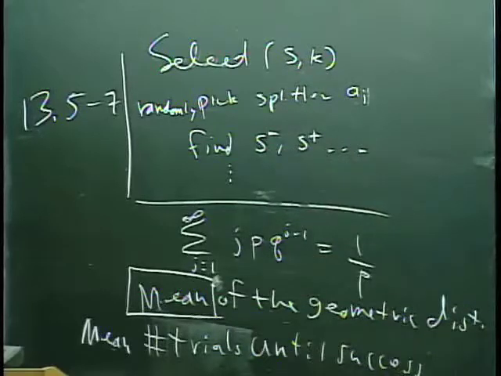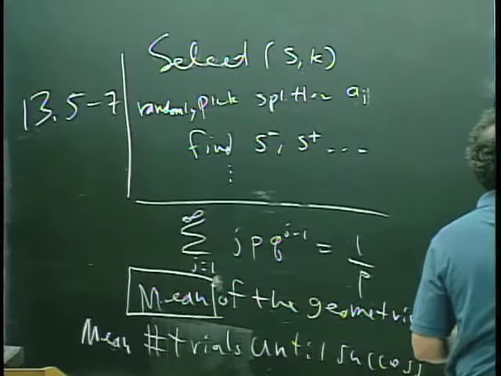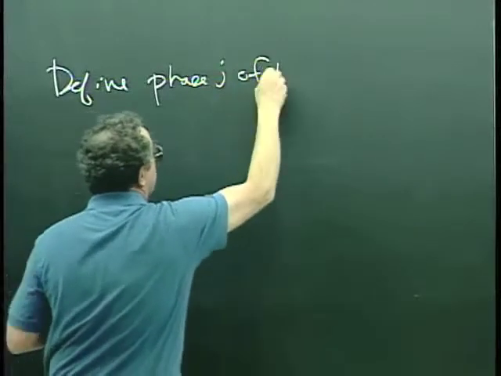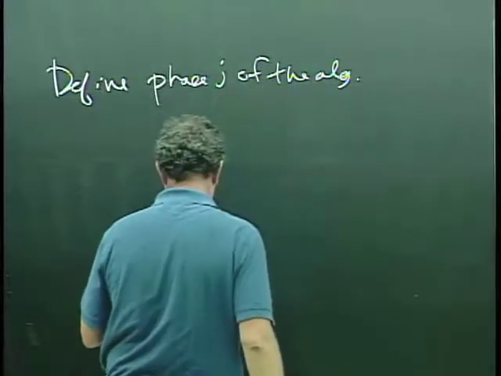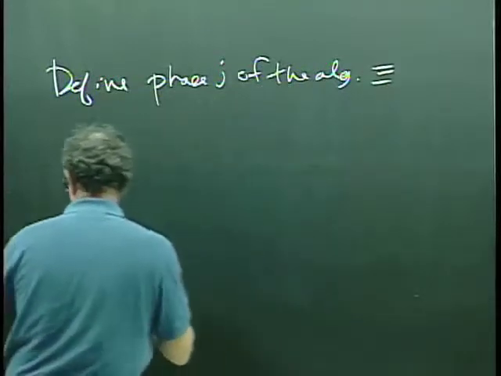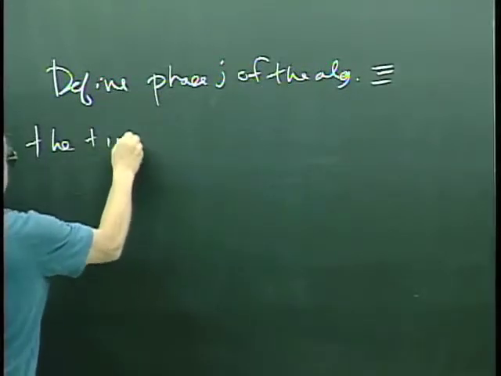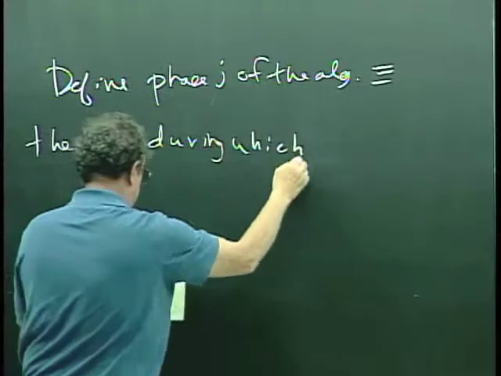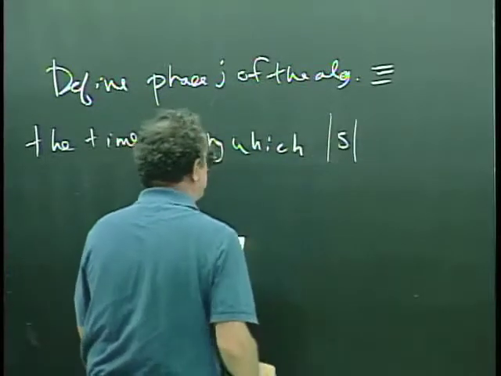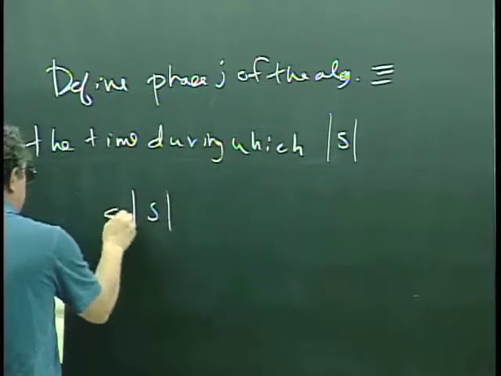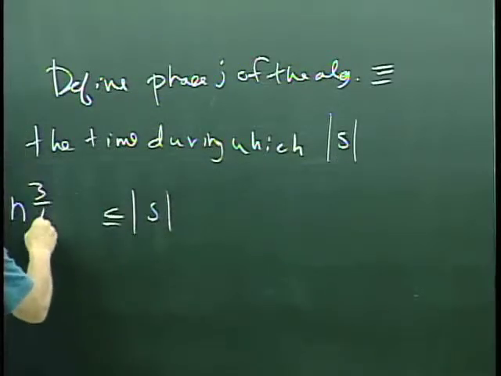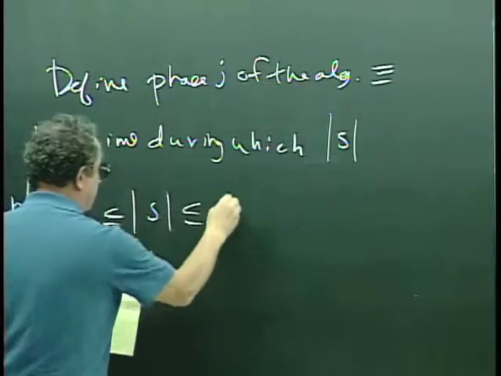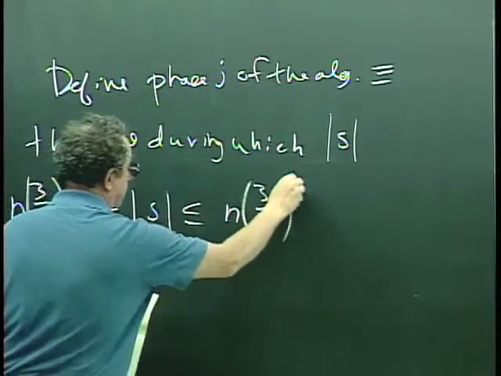So because S is getting smaller, we can define phase J of the execution of the algorithm to be the time during which the cardinality of S has this property: n times (3/4) to the j plus 1, up to n times (3/4) to the j.